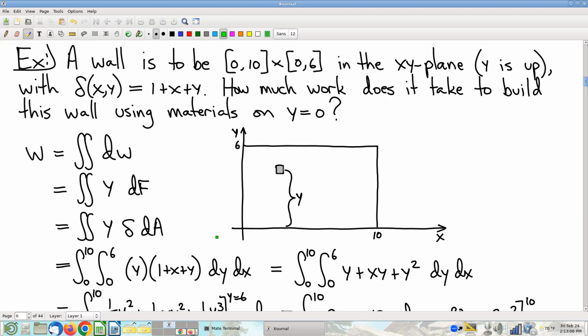Ignoring, of course, that there's a lot of other kinds of work involved, right? But just the mere working against gravity with the stones, how much total work does it take to build this wall? So you're going to notice here this kind of integral shorthand notation as I develop my Riemann sum. And it's going to be very convenient shorthand.